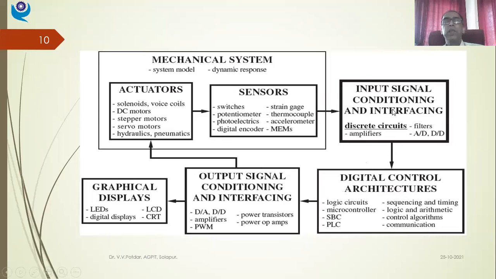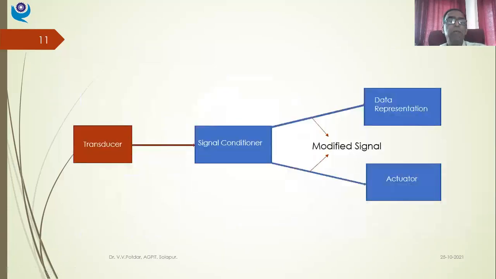Put together, we will be studying in this unit number 2 various types of amplifiers, filters, A to D converters, D to A converters, attenuators, different types of signal conditioning devices. This is what we are going to study.